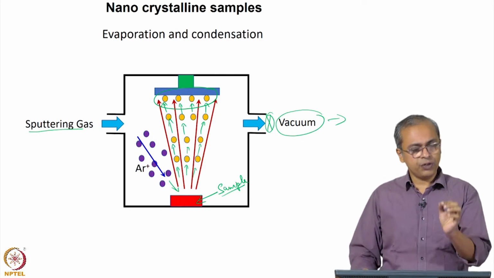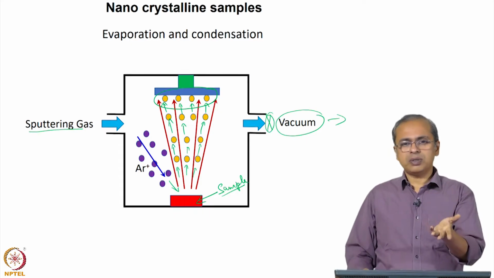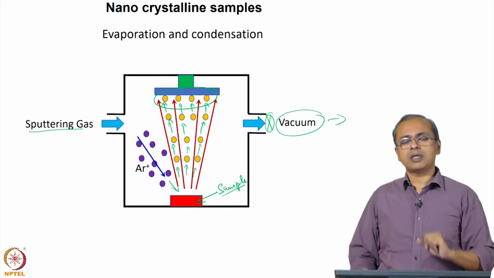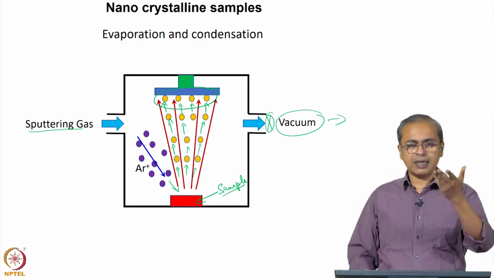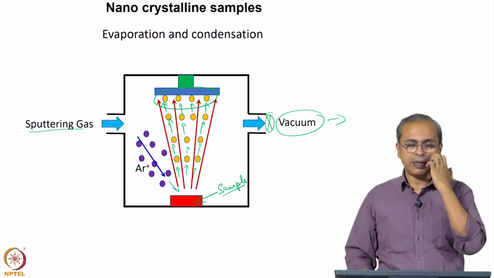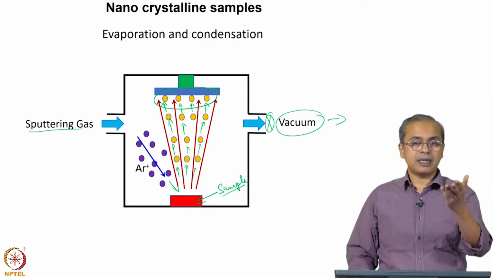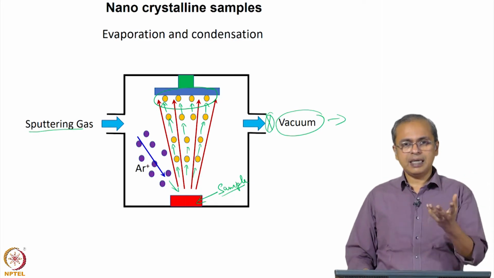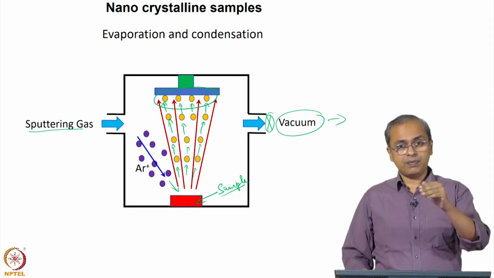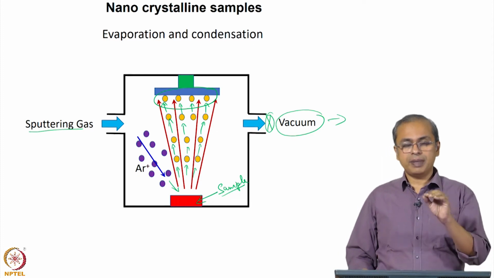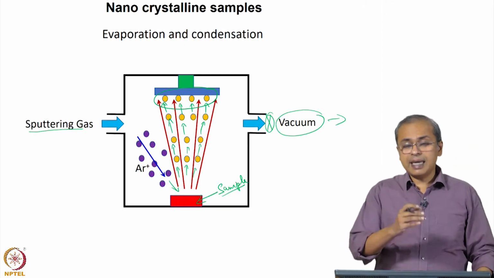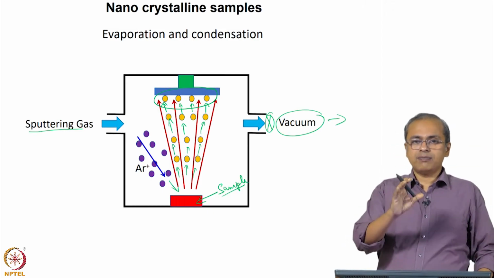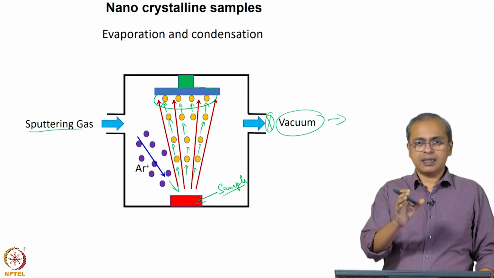In about 30 seconds to a minute, the boat will get close to white hot, past the red hot condition, and the material will evaporate. Evaporation will happen almost immediately if you have material of the right kind of melting point and boiling point, it will evaporate out and it will condense. So, that experiment is of very short duration.